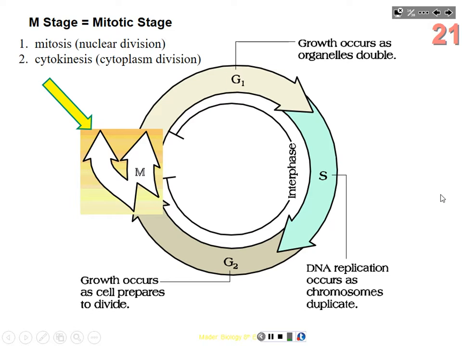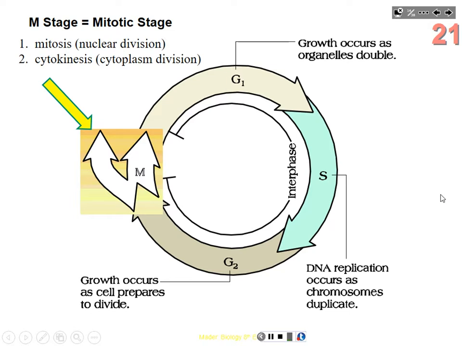Cytokinesis is division of the cytoplasm. Cytokinesis is when you have one big cell, the plasma membrane is going to start pinching inward and pull those two cells apart, and you physically end up with two cells. So mitosis is nuclear division resulting in two nuclei. Cytokinesis is division of the cytoplasm resulting in two cells.